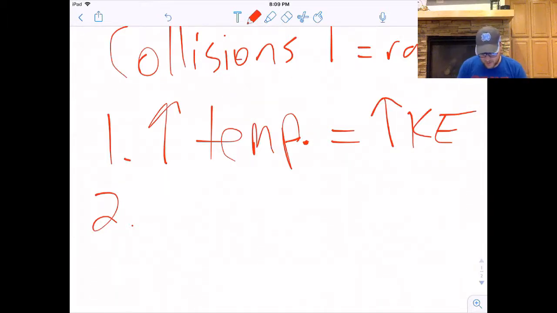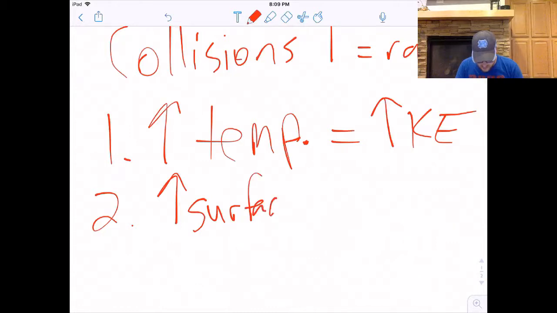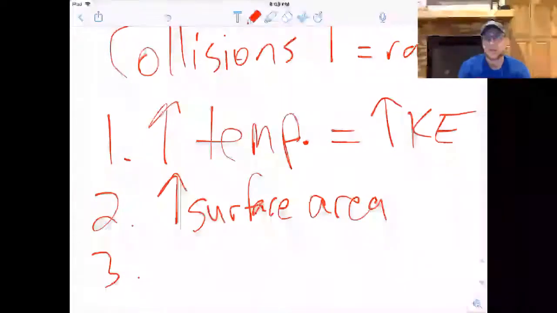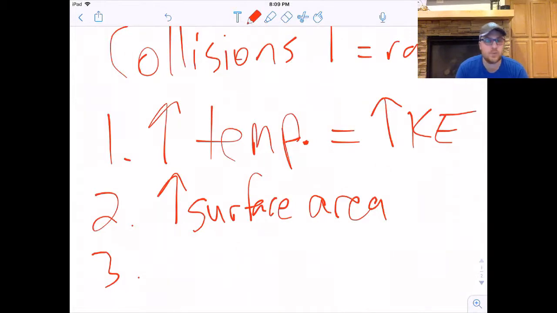Another way, you can increase the surface area. And one of the classic ways we can represent this is, in my class, we did a lab with Alka-Seltzer. And we took Alka-Seltzer and we put it in a film canister and we watched them explode and make like a little rocket. If you crush the Alka-Seltzer, you increase the surface area.